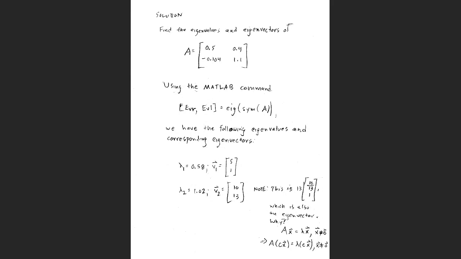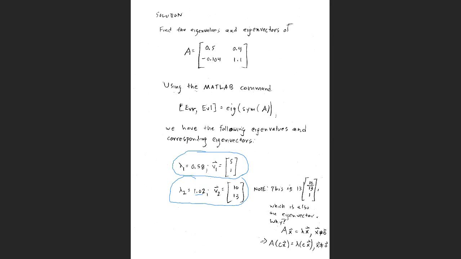Okay, so then using that MATLAB command, which worked for this problem, here are the eigenvalues with their corresponding eigenvectors. Now what I did for the second eigenvalue, lambda equals 1.02, was for the eigenvector, I used 10/13.